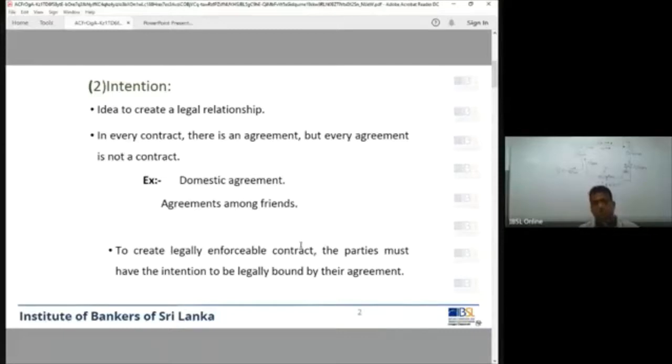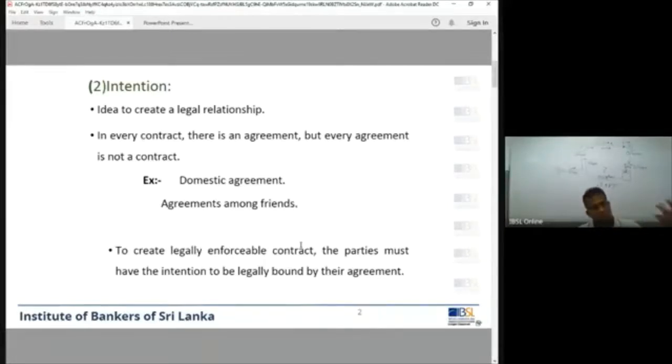What do you mean by the intention of the parties? Intention of the parties means the idea to create a legal relationship. In simple language, the intention of the parties, that is the offeror and the offeree, means their idea to create a legal relationship.